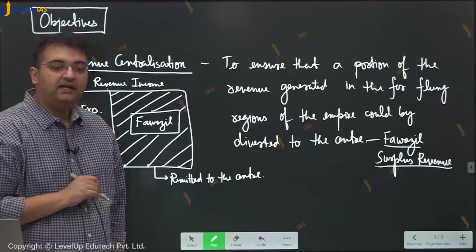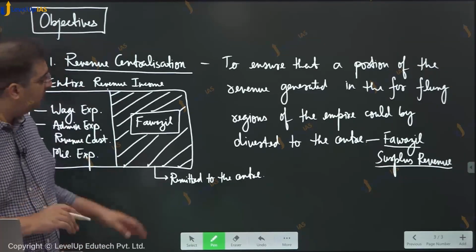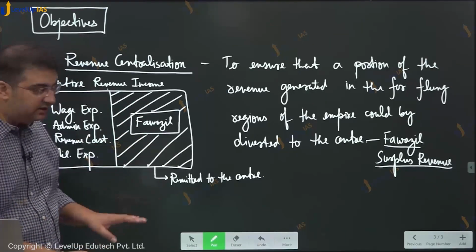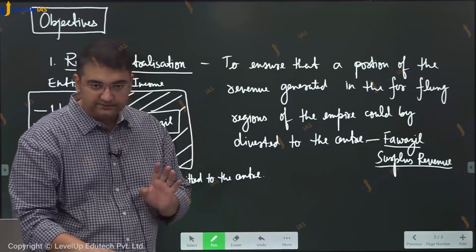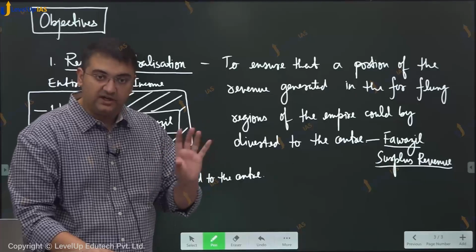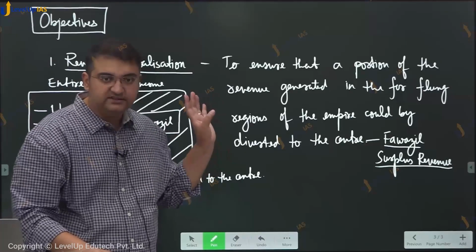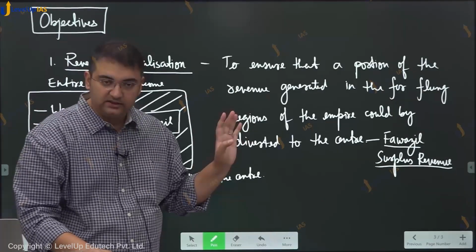Now during the pre-Turkish early medieval age, was there any similar arrangement to ensure revenue centralization? कुछ ऐसा mechanism था? Pre-Turkish राजपूत पीरियड में कोई ऐसा mechanism होता था? नहीं होता था.